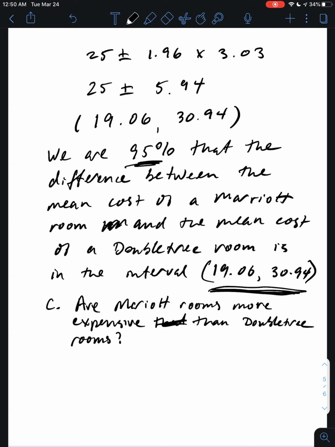And the answer to this is that we're 95% confident that that is the case.